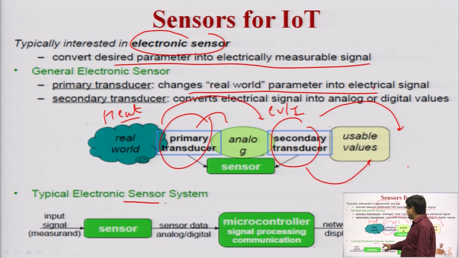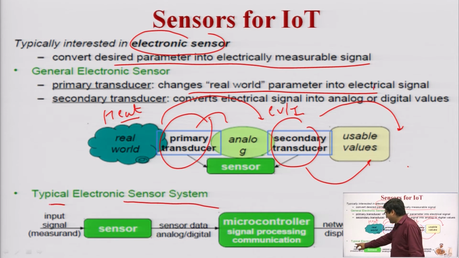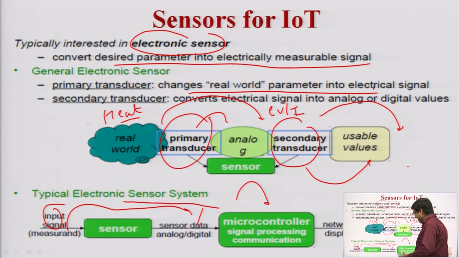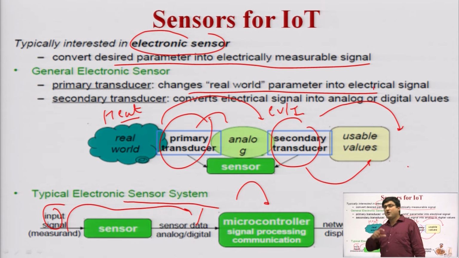So, a typical electronic system has a sensor which can detect the input signal, measure and convert it into an analog or digital signal. The data we collect from the environment through the sensor goes to the microcontroller, because this data needs further processing. We need to process this data.